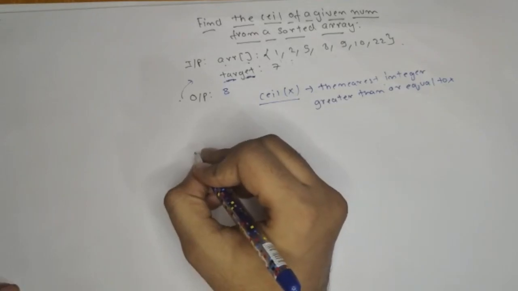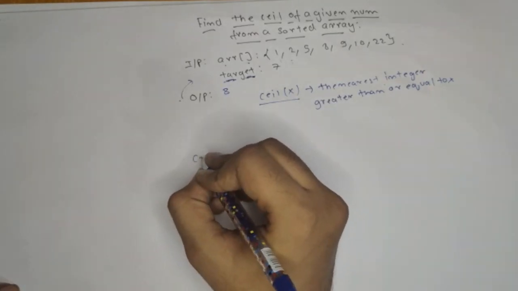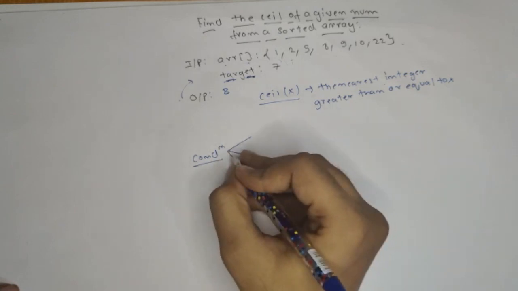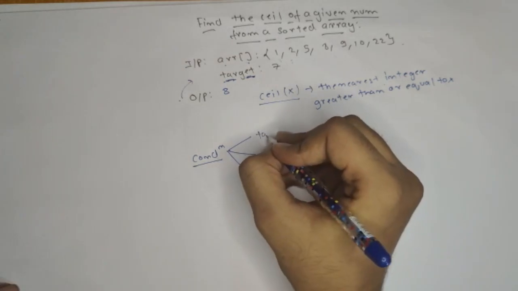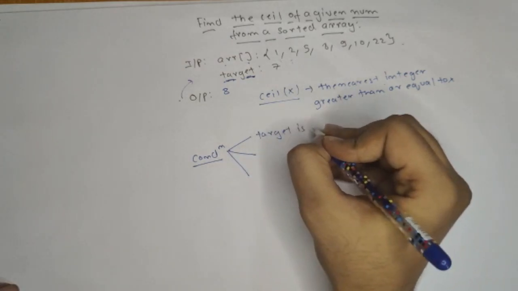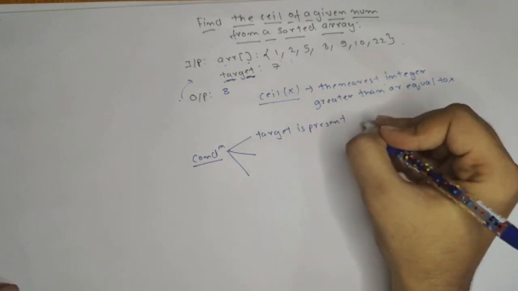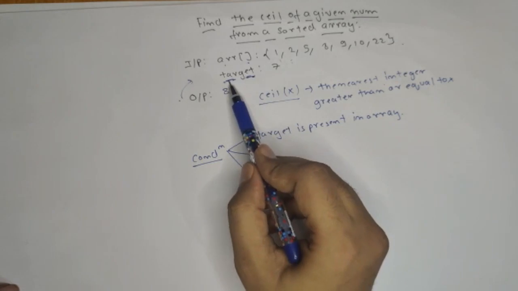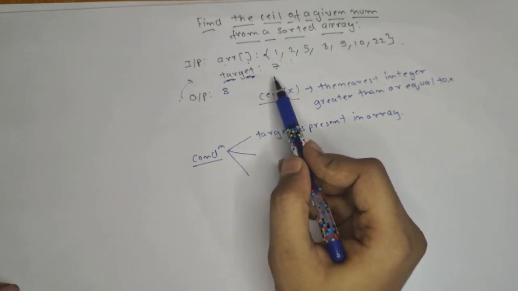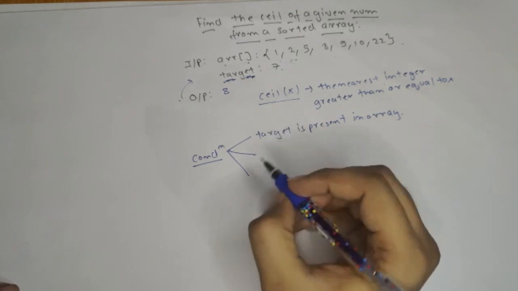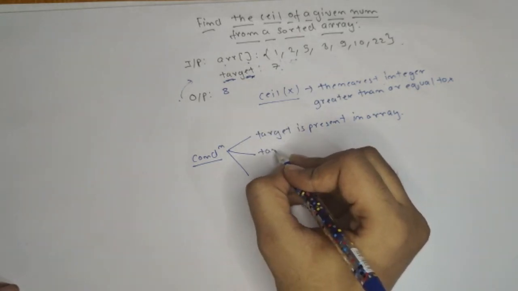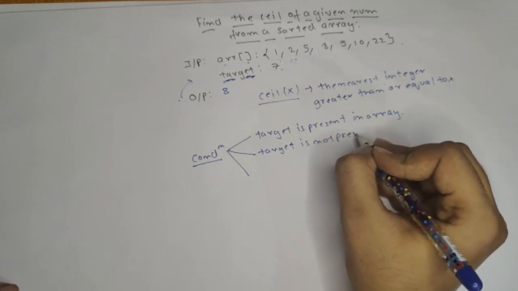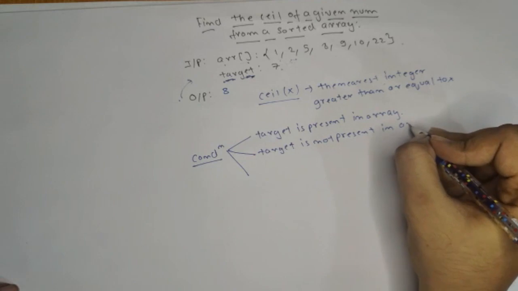Let me define those categories or conditions. There can be three conditions possible: first, second and third. The first condition is that our target is present in the array. That means whatever target value we are given in the problem is already present in the array. The second category is that the target value given to us is not present in the array.